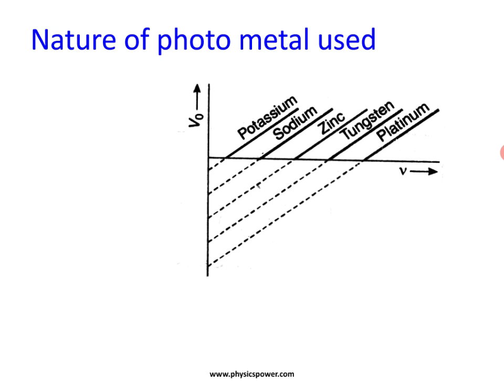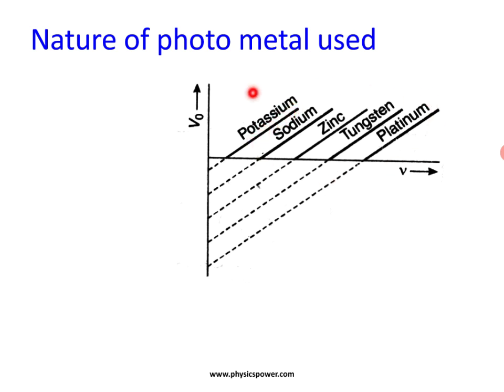So you can observe potassium and sodium. Sodium has atomic number 11, but potassium has atomic number 19, so the outermost electron is a little bit away from the nucleus, and that is why we can easily pick the electron from potassium. So less frequency is enough to pick out the electron in potassium.